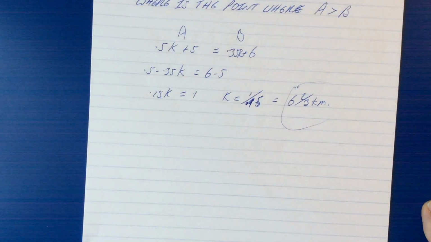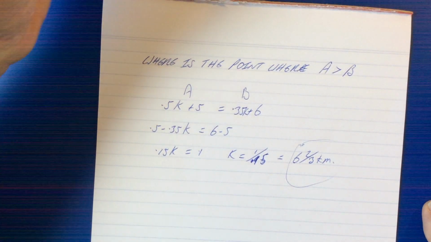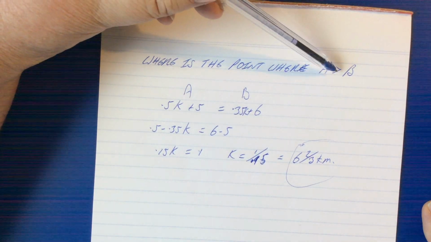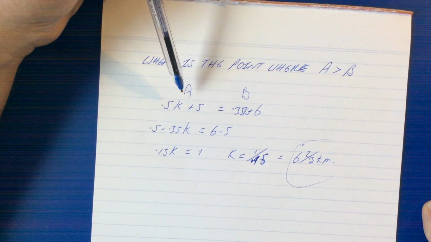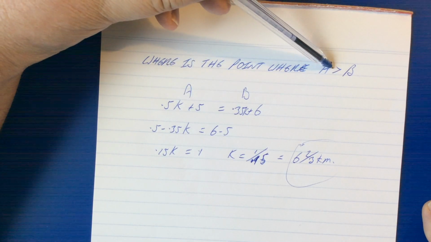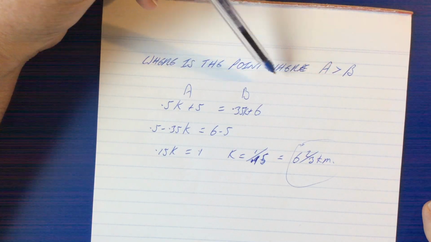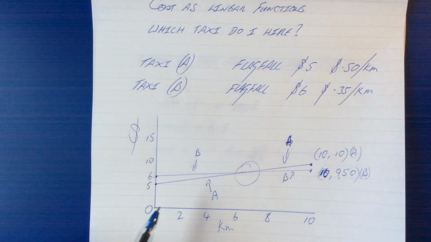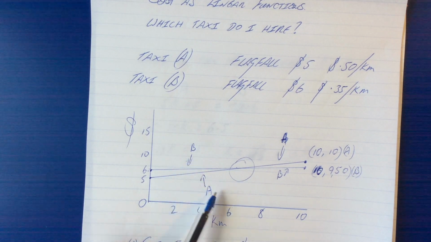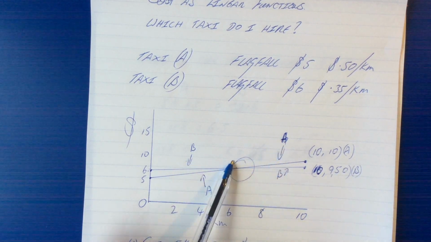Okay. Right, so where is the point at which A is greater than B? Well, in order to answer that, we need to find out where A is equal to B. And what you can see from this graph is that here B is more than A, here A is more than B, and here they're equal.